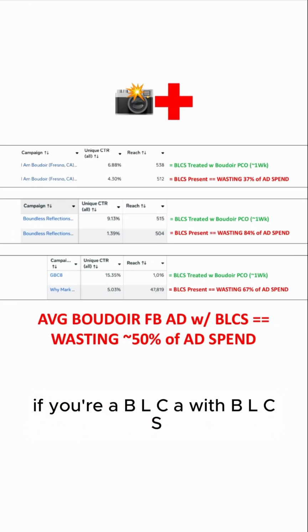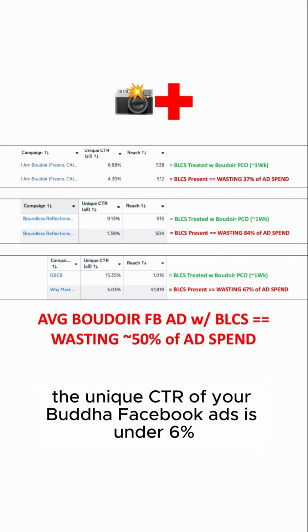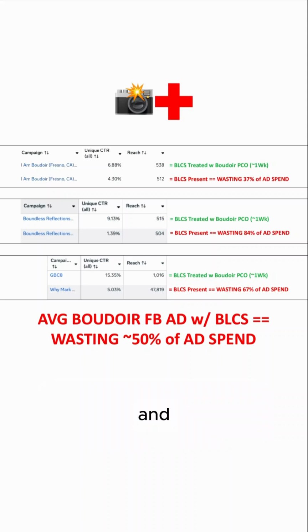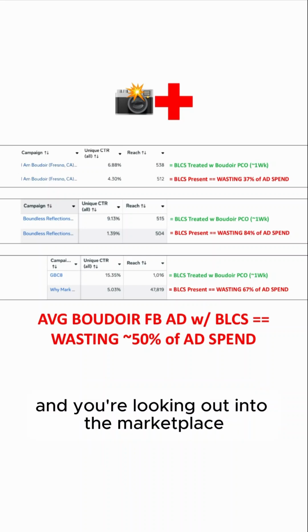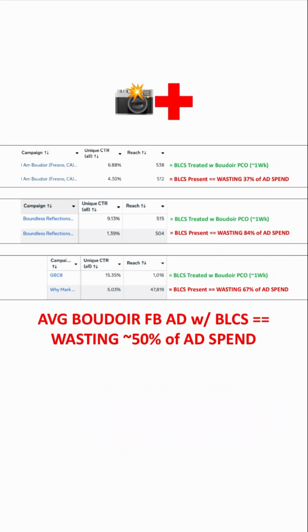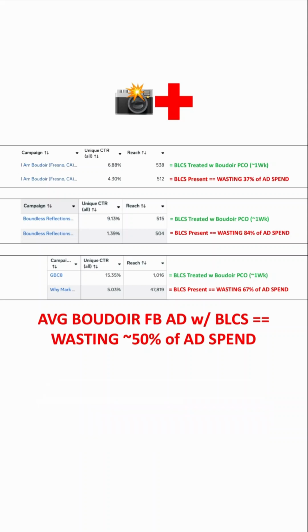All right, so if you're a BLCA with BLCS, if you're a Boudoir low click advertiser with Boudoir low click syndrome, the unique CTR of your Boudoir Facebook ads is under 6%, and you're spending more than 10 grand a month on Boudoir Facebook ads, and you're looking out into the marketplace, seeing it getting more and more saturated with more Boudoir photographers every day.